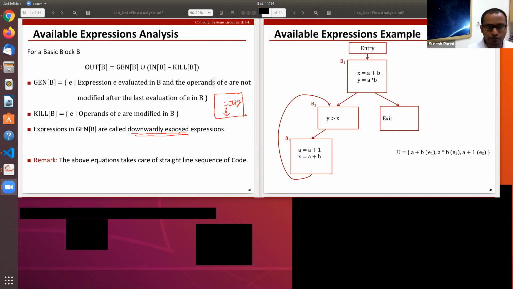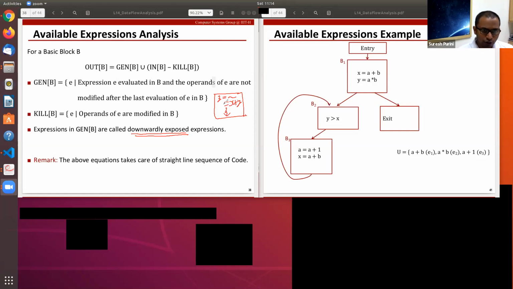It is downwardly exposed, and it belongs to the Gen set. And the Kill set consists of all those expressions whose operands are modified. Like for example, if we have something like z is equal to some tuple, then any expression which involves z gets killed.